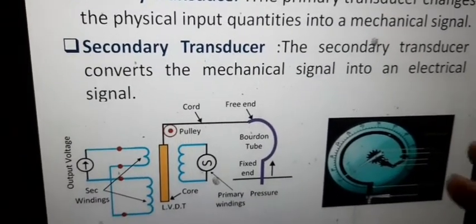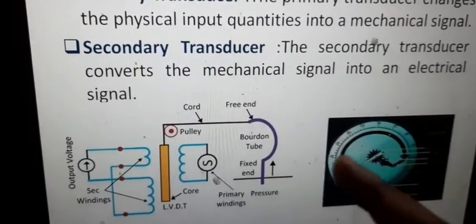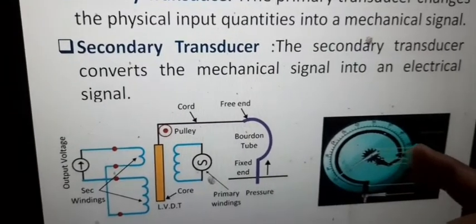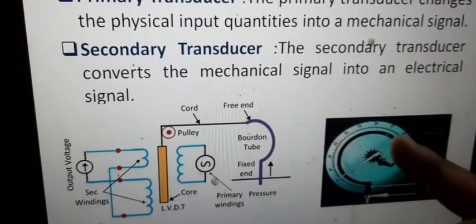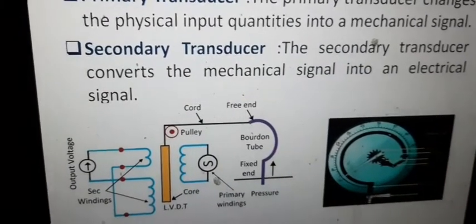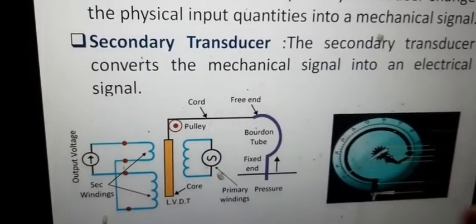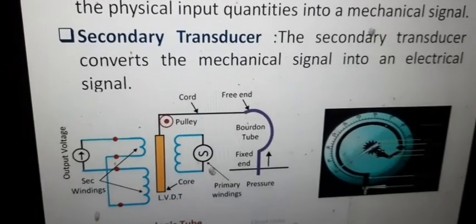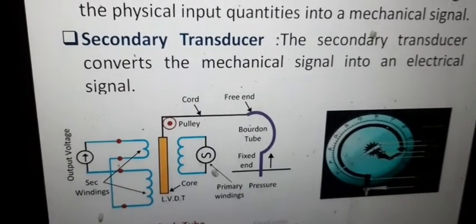Suppose in the case of the Bourdon tube pressure gauge, we remove this link, the sector, pinion and pointer, and instead fix an LVDT at the free end. LVDT is basically a linear variable differential transformer.